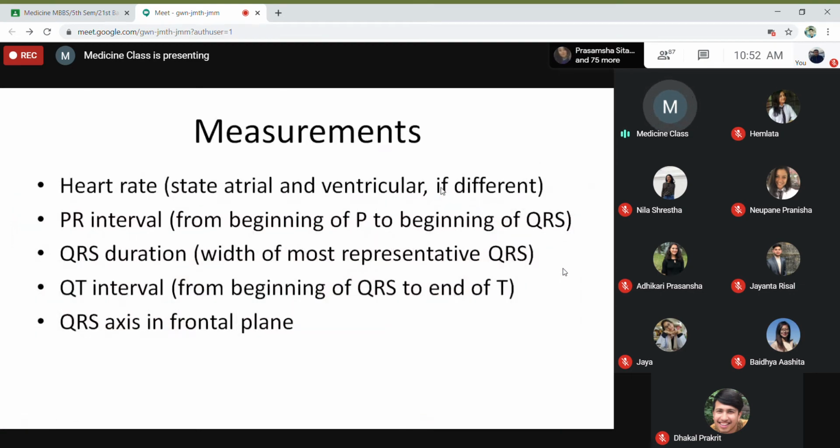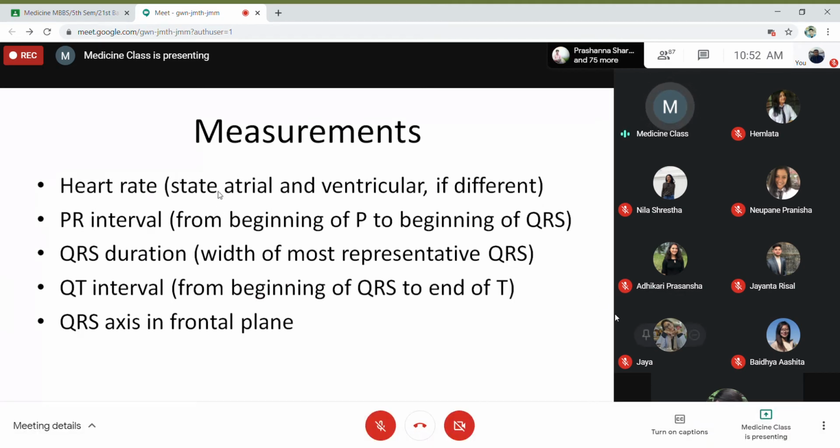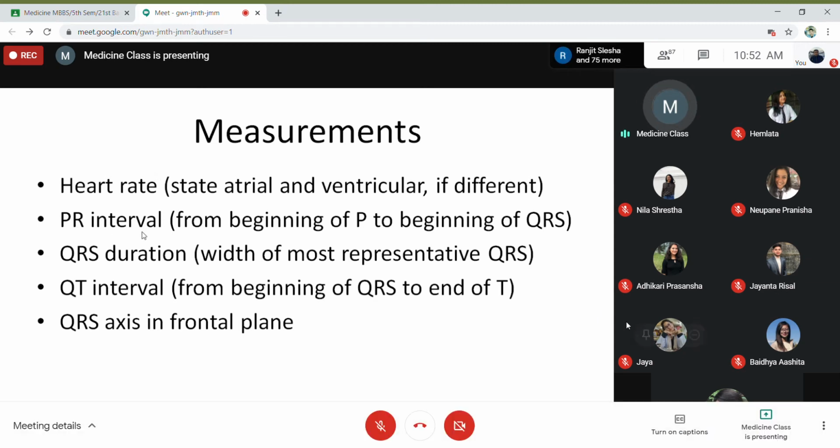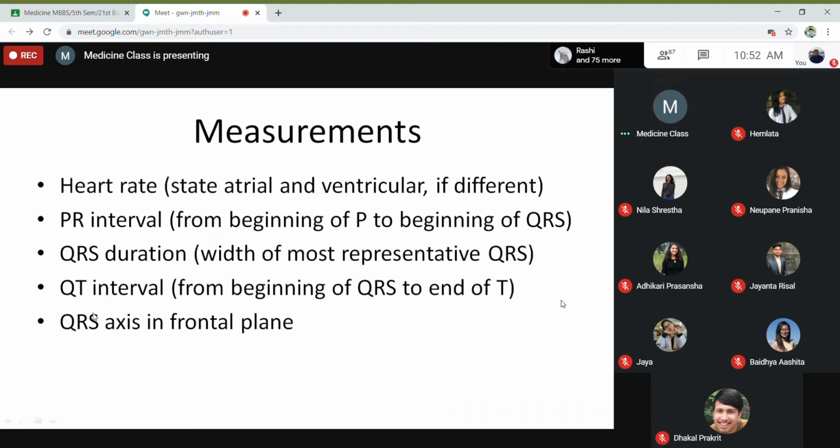Okay, so while we go for the measurements, we look at the heart rate, whether that is atrial or ventricular, or any difference in the heart rate. We look at the PR intervals, QRS duration, QT interval, and axis as well.